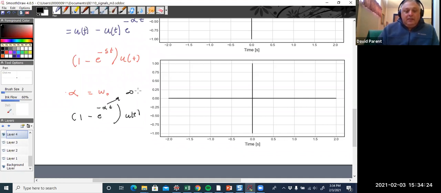And what we can say is that this term goes to 0 faster and faster, to the point where it's as if this were just 0. Well, then 1 times step would be step. So the question was, is it 1?